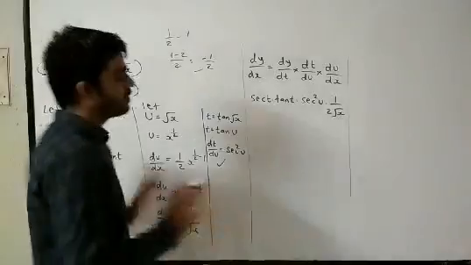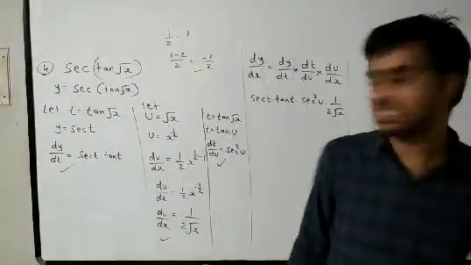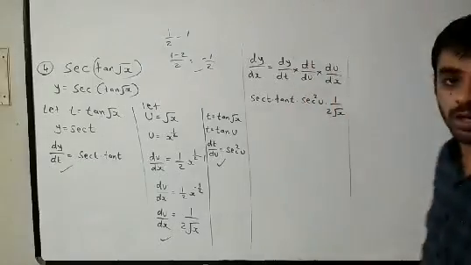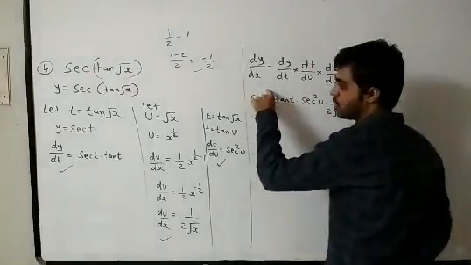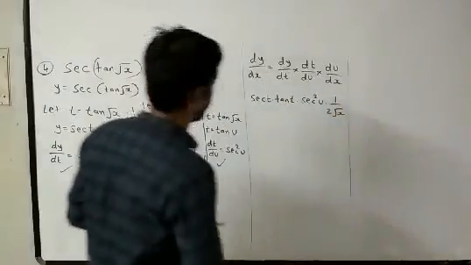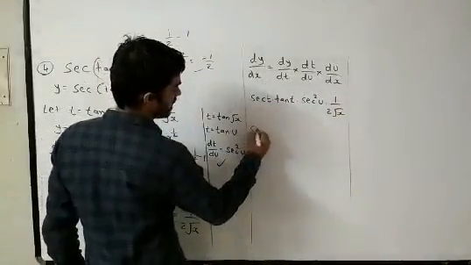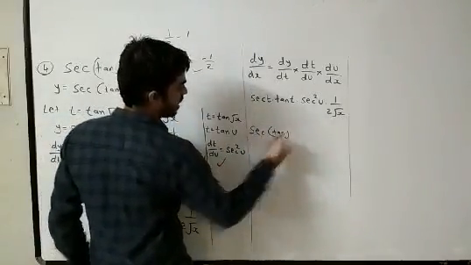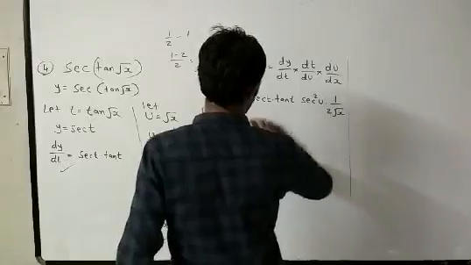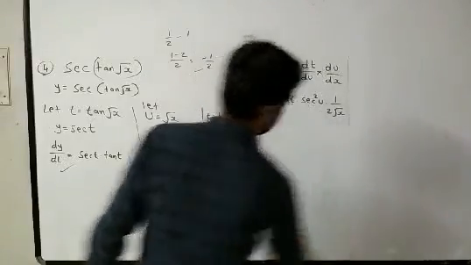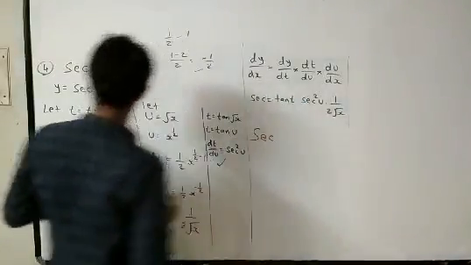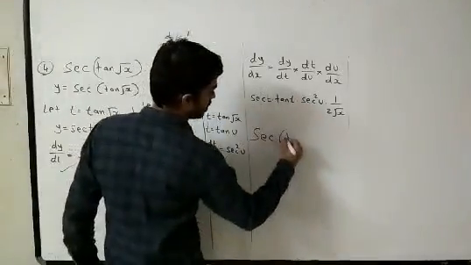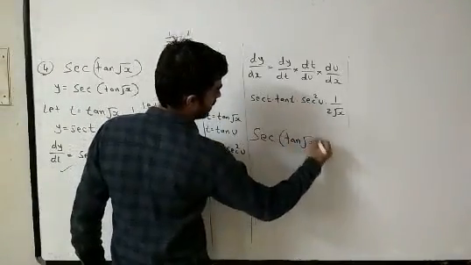Yes. Now we are nearer to our answer, but this is not our answer yet. Now what we have to do? We have to put in the value of t, tan under root x, right? So sec t value is sec of tan root x.